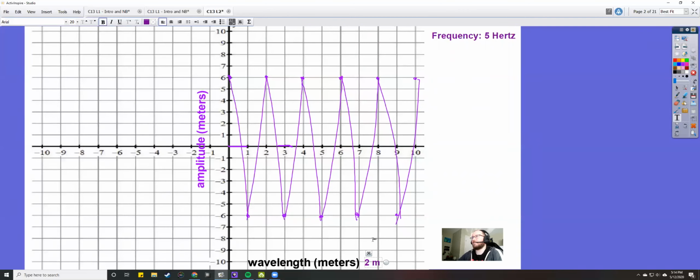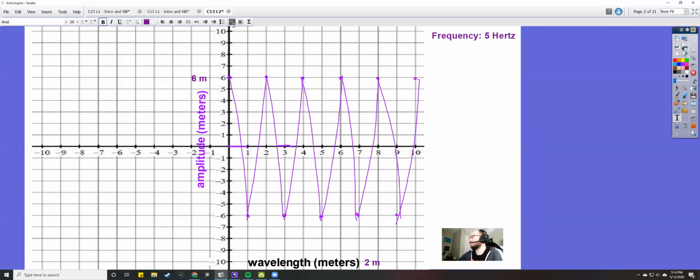If you multiply 5 times 2, you get 10, and that's the distance of our coordinate plane in quadrants 1 and 4 here. So 2 meters per wavelength, and we said our amplitude was 6 meters, right? So we have an amplitude of 6 meters and a wavelength of 2 meters.